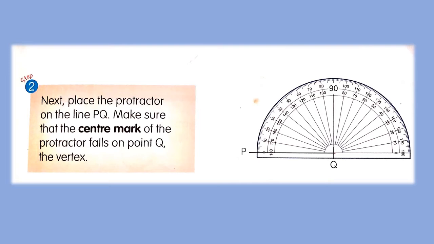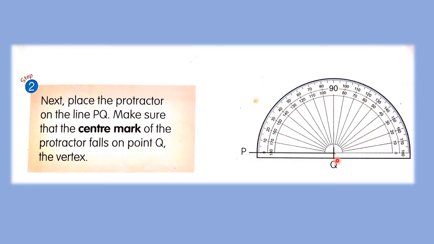Then next, place the protractor on the line PQ. Right here this is the PQ line, as we have already drawn in the previous slide. This is the PQ line and this is Q. Q is the vertex. Right? Now we have to keep the protractor this way.